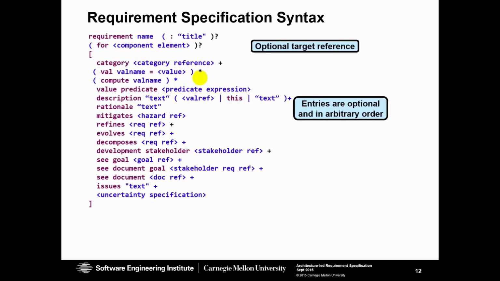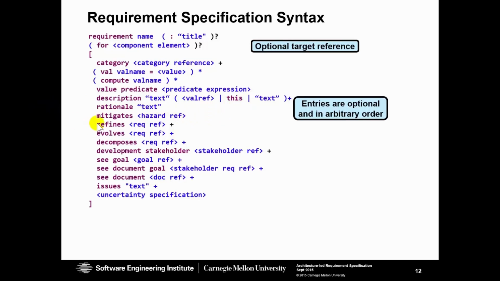Value, that's the val statement, says that the whole val declaration can be repeated 0 or more times, and in similar fashion other declarations are given to you. The description field is interesting in that it takes a sequence of text and value variable references, as well as possibly the keyword this, which would fill in the name of the element to which the requirement is associated.